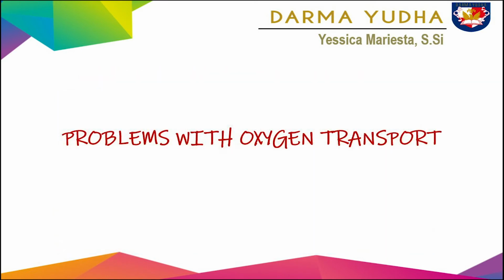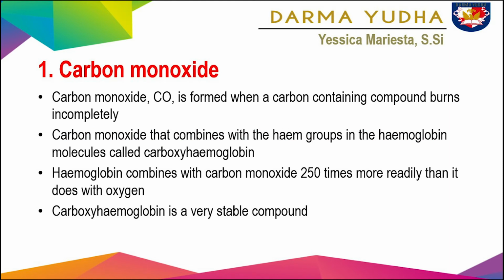Next, we are going to discuss the problems with oxygen transport. The first one is carbon monoxide. Despite its almost perfect structure as an oxygen transporting molecule, hemoglobin does have one property which can prove very dangerous. It combines very readily and almost irreversibly with carbon monoxide.